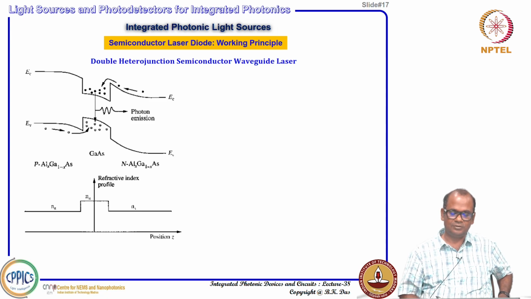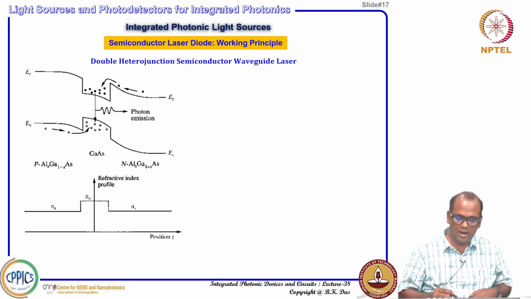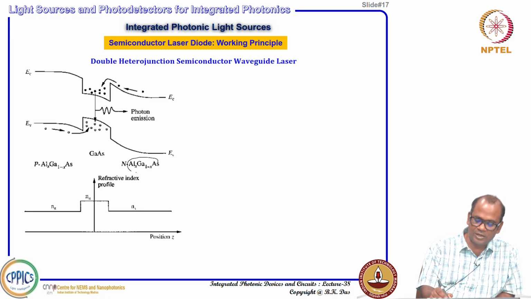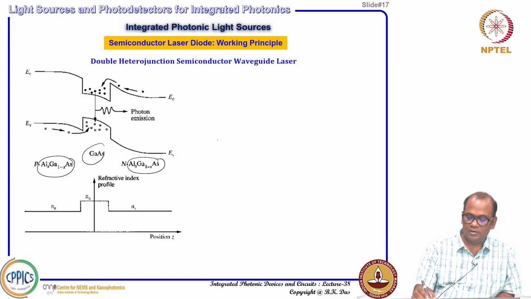What is done is, for example, you have one side of so-called aluminum gallium arsenide and another side of aluminum gallium arsenide, with gallium arsenide in between. What they are doing is an x fraction of gallium is replaced by aluminum.